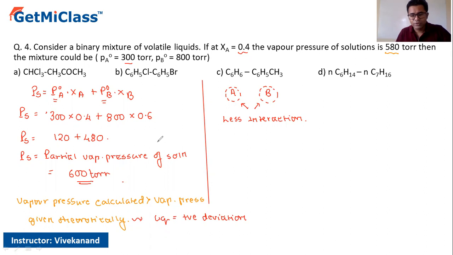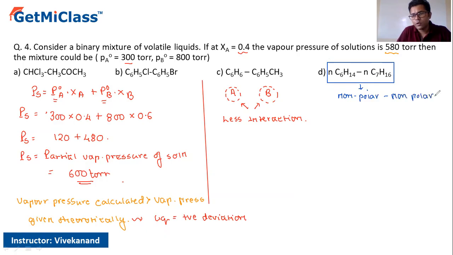So if that is the condition, then first we will try to understand every single one of these mixtures one by one. So in our first case, let's start with the mixture of n-hexane and n-heptane. Now here, what happens is, these are non-polar.